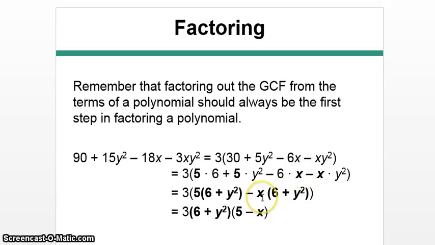Factor it out, what is left? 6 plus y square. Again 6 plus y square, here also 6 plus y square. So factor it out, what is left? 5 minus x. So the given polynomial can be factored as 3 times 6 plus y square times 5 minus x.